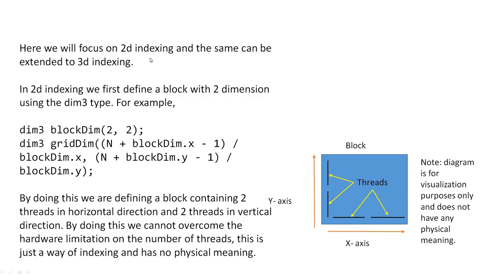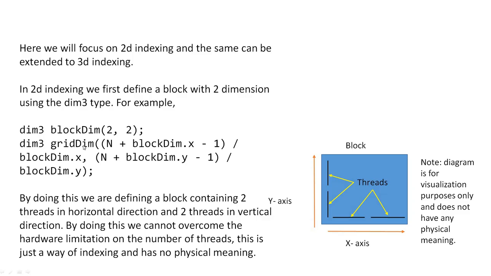Here we will focus on an indexing method which looks like this. For example, dim3 block dim 2 comma 2, that means we are trying to put 2 rows and 2 columns, so a total of 4 elements. dim3 is a data type, and one is for the block dimension, the other is the grid dimension.